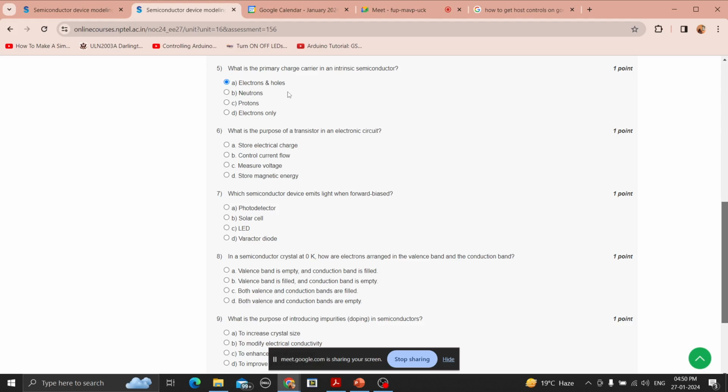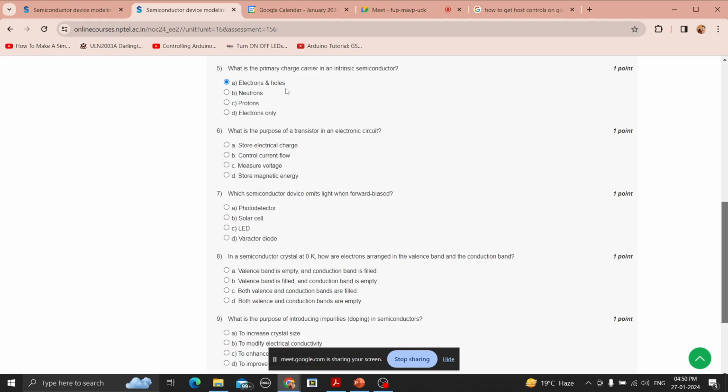When there is an empty state in the valence band, there are many electrons in the valence band, so those electrons will move to this empty space, and that will lead to a flow of current. That is why holes are considered as a positive charge. There are many electrons in the valence band, so you cannot keep track of all of the electrons, so you can keep track of the holes.